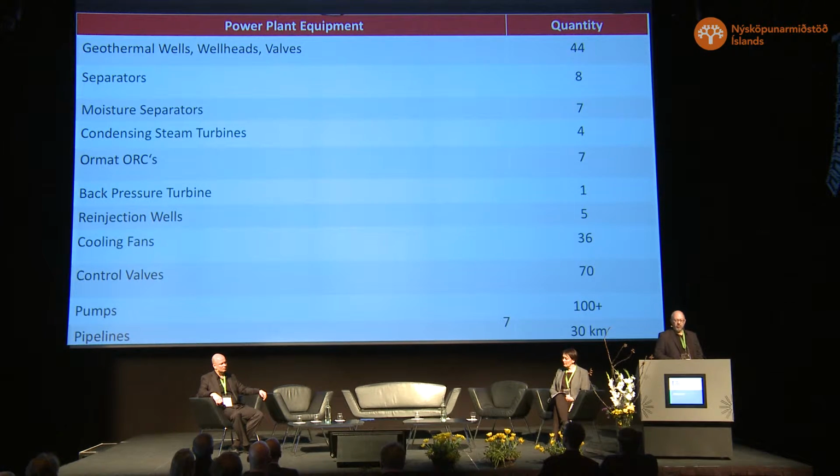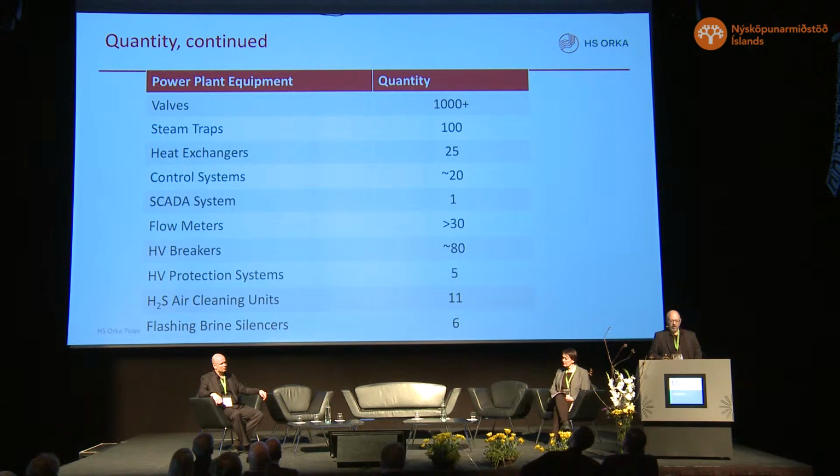We have 70 control valves. We have hundreds plus pumps. We have 30 kilometers of pipelines. We have thousands of valves, 100 or more steam traps, 25 heat exchangers, 20 control systems. We have 1 SCADA system, fortunately, for the whole plant. We have over 30 flow meters.